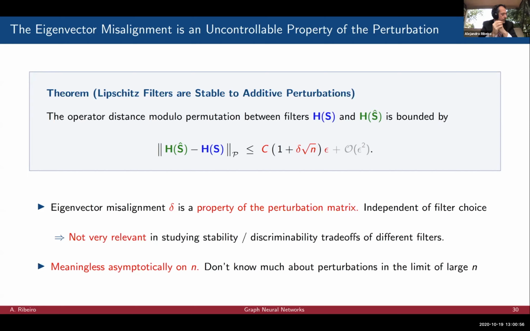Yeah. My other question was going to be whether there are ways of exploiting the structure of the graph. For example, maybe that there is a bounded degree to reduce the square root of n to something smaller. Right. Correct. So your other question here is what can we do by looking at the specifics of the graph?